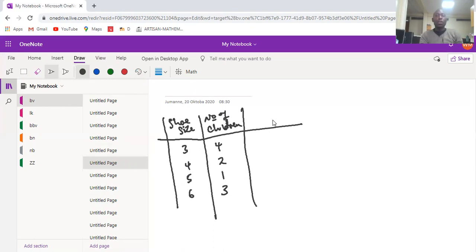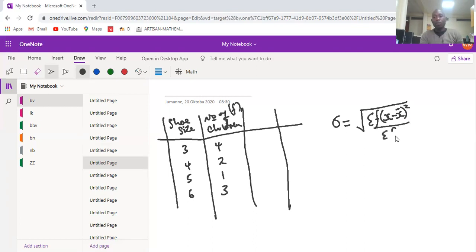What you need to do here, first of all, you get the mean, the x bar. But the formula is going to change slightly here. Remember, the number of children is the same as our f, the frequency. So the standard deviation will be equal to the square root of the summation of f into x minus x bar squared, over the summation of f.